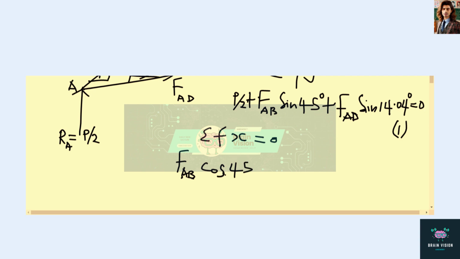In the horizontal direction, F sub AD cos 14.04 degrees is equal to 0. You can call this equation 2.